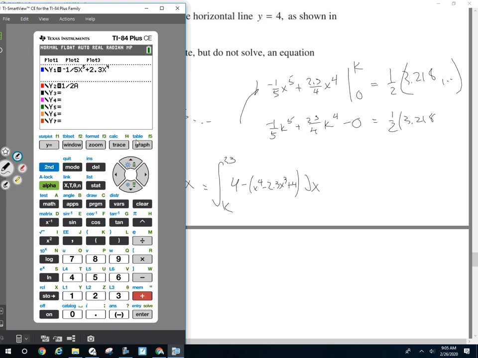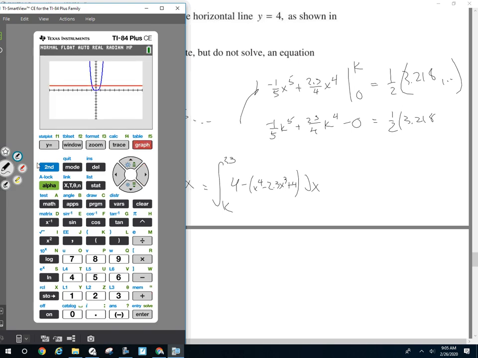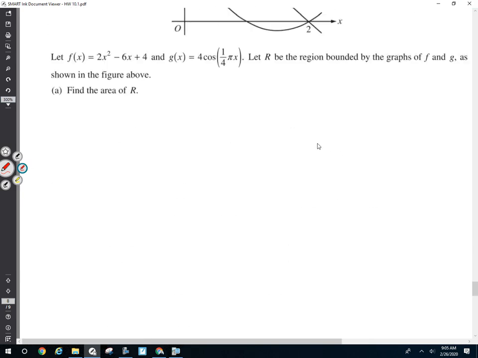All right. Second calc, somewhere between 0 and 2.3. 0.934.